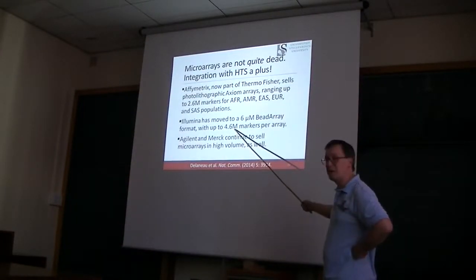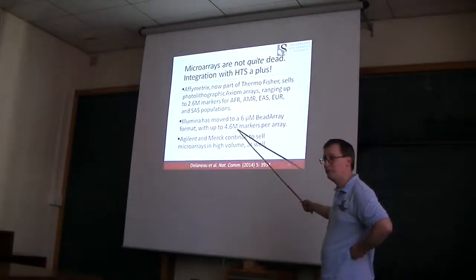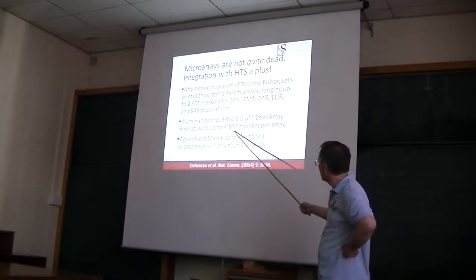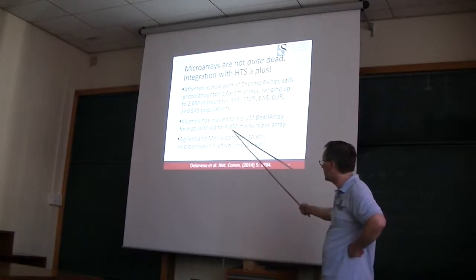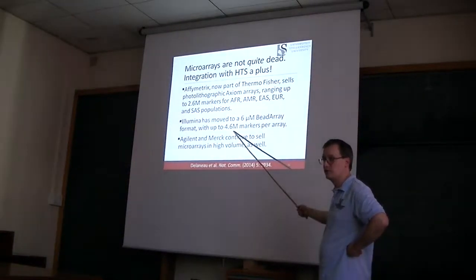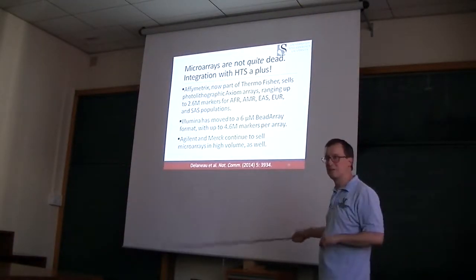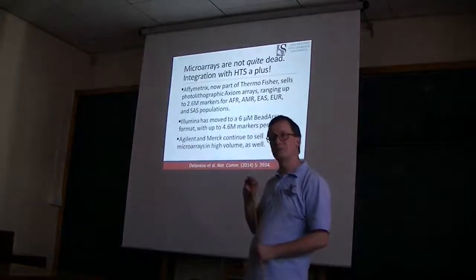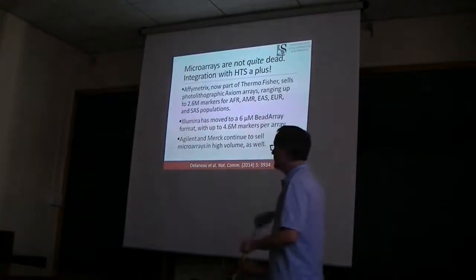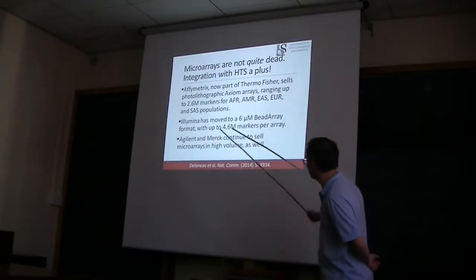Now, we talked a little bit about bead arrays this morning from Illumina. And this is a case where Illumina has found a way to measure up to 4.6 million markers in a single array type experiment. Now, they're not strictly speaking microarrays, but they're comparable in the kinds of measurements they produce.